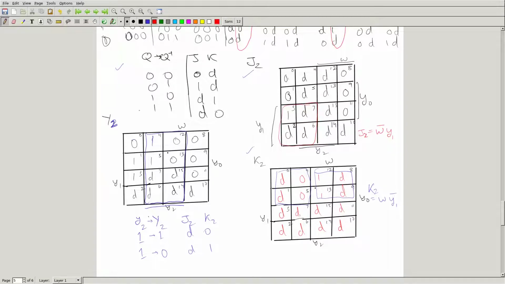And then we have the Y2 equal to 0 part. Wherever capital Y2 is 1, we are going 0 to 1, and that needs 1D, or 0 to 0, that needs 0D, right?